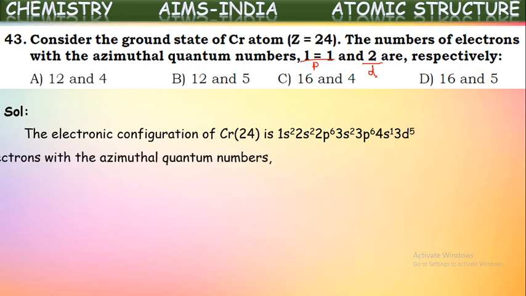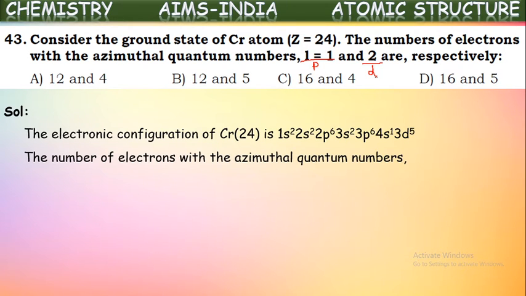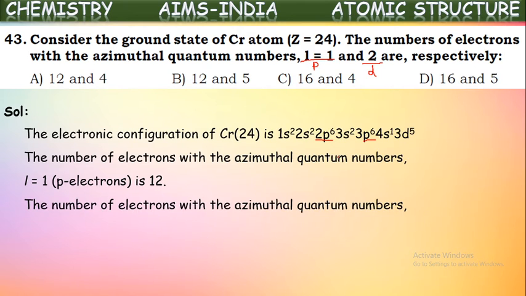See, first with L equal to 1, that means electrons in the p subshell. Totally how many electrons are there? Here 6, 6. Totally 12 electrons are there. Now let us calculate the number of electrons present in the d subshell, that is L equal to 2.